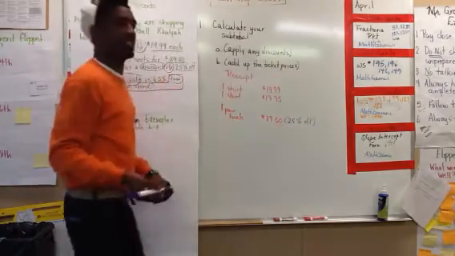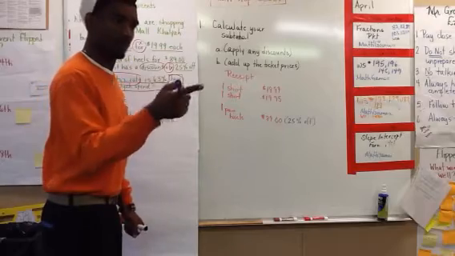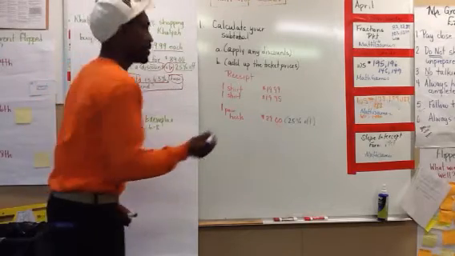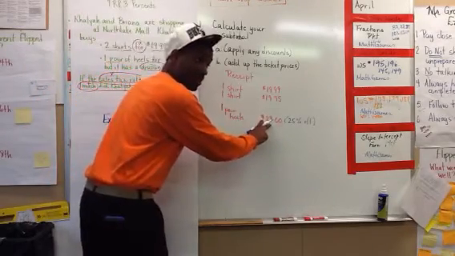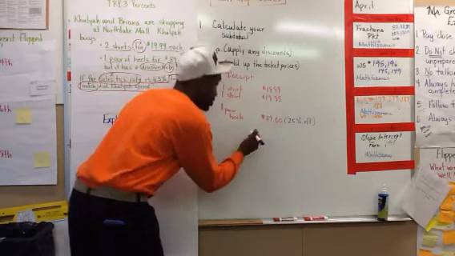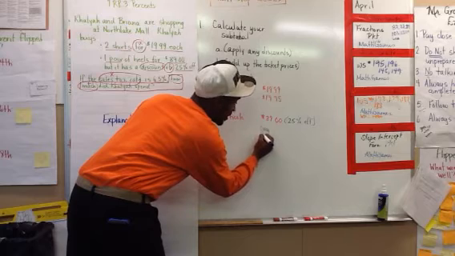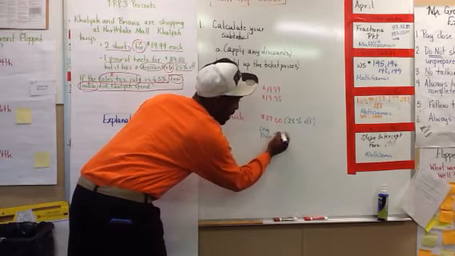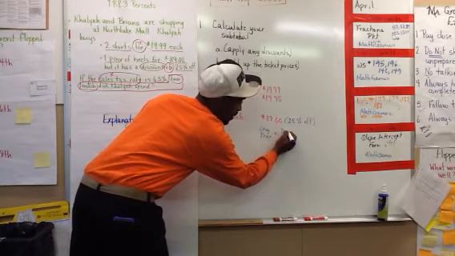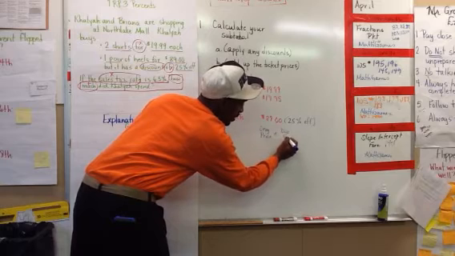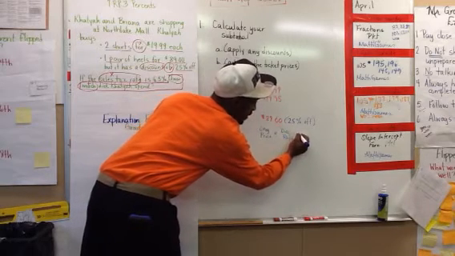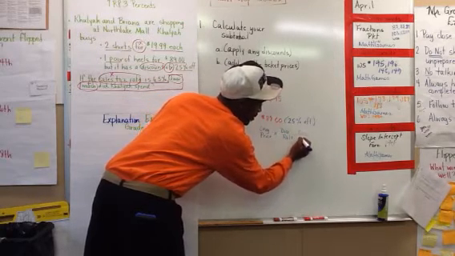Well, how do I find discount? You remember? 89 times 0.25. I take the original price and multiply it by the discount rate. And it gives me the discount amount.